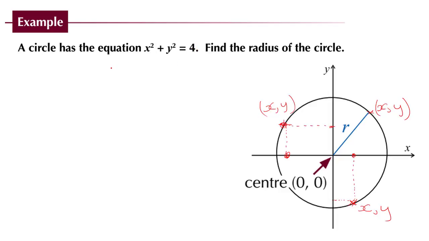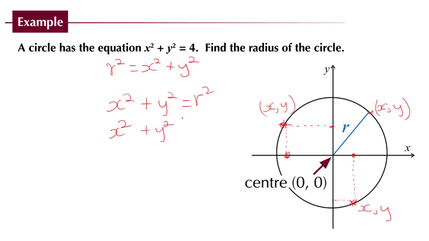To find what r is, remember, r squared equals x squared plus y squared. We did that earlier. So we now rearrange this to make sure that r squared is on the other side. So then it looks like this. We have x squared there, and y squared, and this 4 comes at the bottom there, where the r squared is.